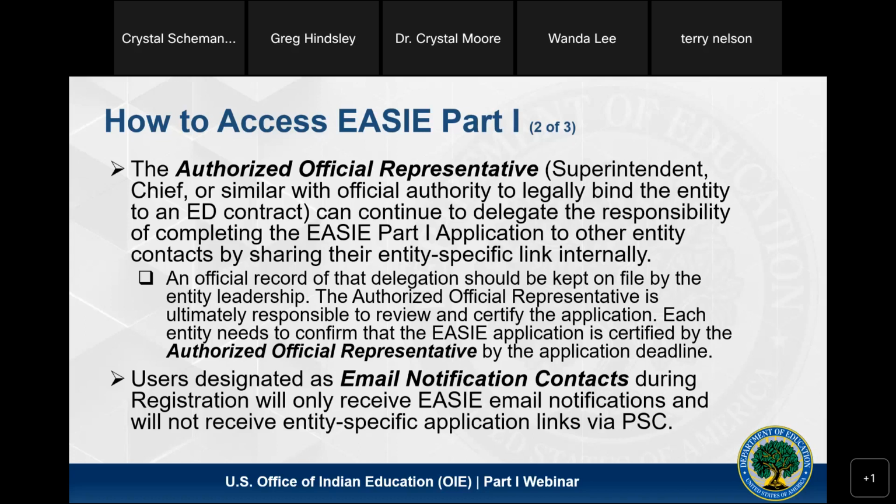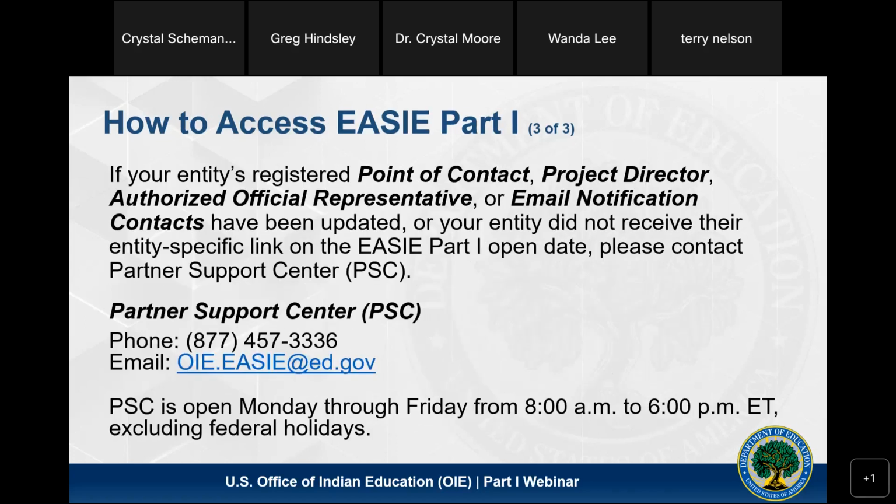Users designated as the email notification contact during registration will only receive email notifications and will not receive entity-specific application links via PSC. Next. If your registered point of contact, project directors, authorized official representatives, or email contacts have been updated, or your entity does not receive its entity-specific link on the EASIE Part 1 open date, please contact the Partner Support Center.